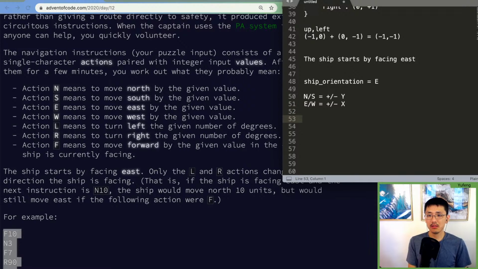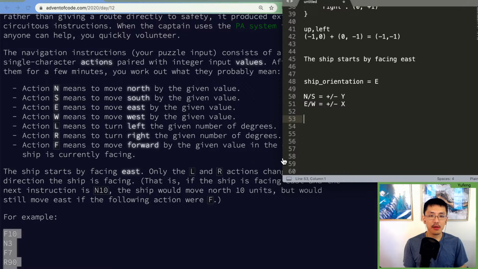And I need some way to think about which way the ship is facing. All right, so we need some logic for that. I'm thinking some modulo math.